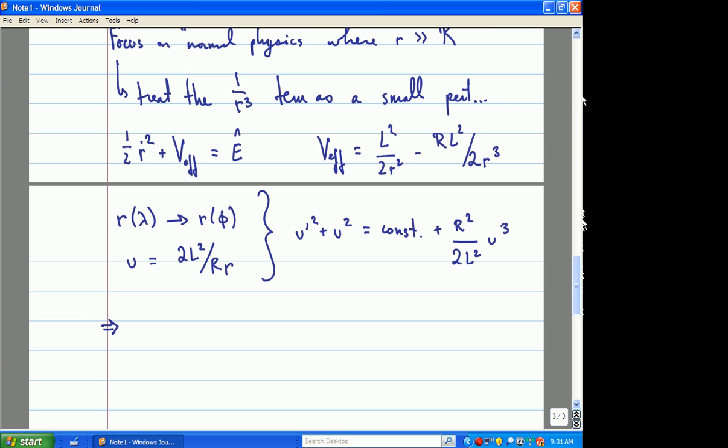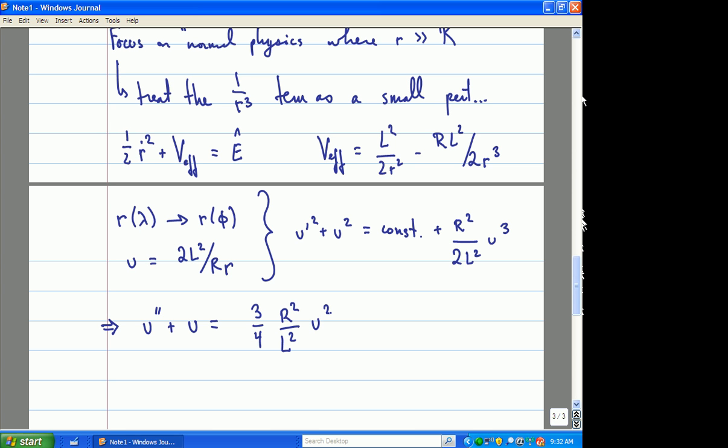And so if we take the derivative of this equation for u with respect to phi, and then we divide by 2u prime, you get the equation u double prime plus u is equal to 3/4 r squared over L squared times u squared.